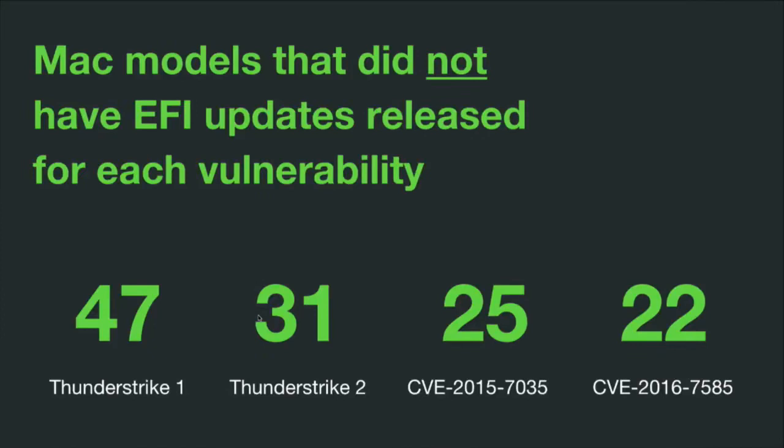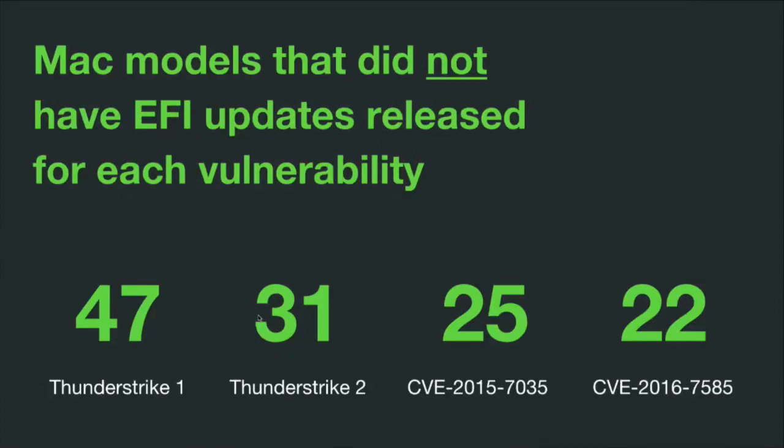So again, this is quite surprising, right? These are public vulnerabilities that have got a CVE number that Apple have patched for some systems, but not for others. And the kicker here is that while the release notes for an OS update or a security update coming from Apple will reference these CVEs, will say that there are fixes included there, they don't actually tell you which model they're included for.